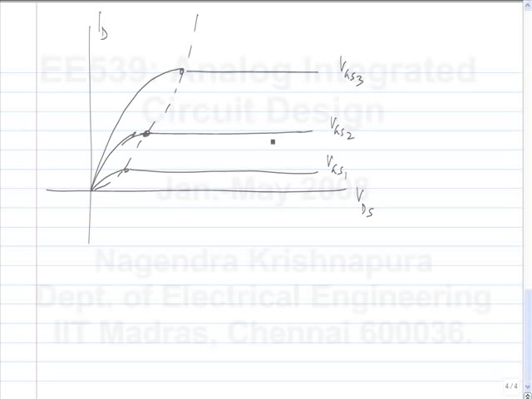So, this is the ideal characteristics of the MOSFET, but we also know that it does not stay absolutely constant. What happens to the current here in this region? Why?